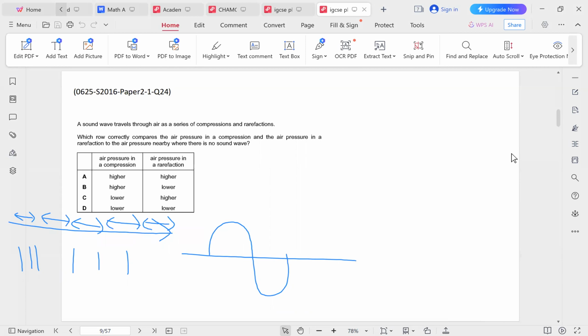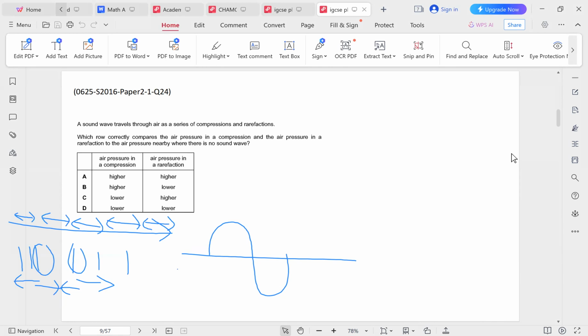So in a sense, these two particles will vibrate far away from each other and then close to each other, and then far away from each other and then close to each other. And this creates what we call compressions and rarefactions. So looking at the question here, air pressure in a compression.